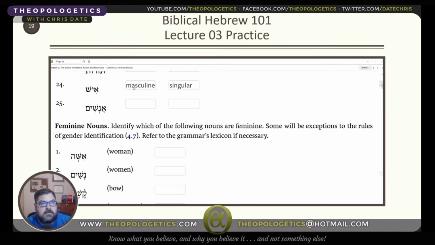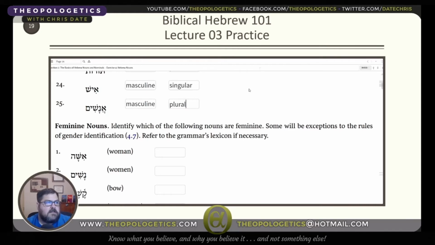And indeed, this is one of the vocabulary words for this lecture. It means man, and that's its lexical form, ish. And then finally, anashim. That im ending tells you that this is probably masculine plural, absolute, and you might not be able to immediately tell, but this is the plural form of the word that we just looked at, ish. So its lexical form is ish, and this means men.